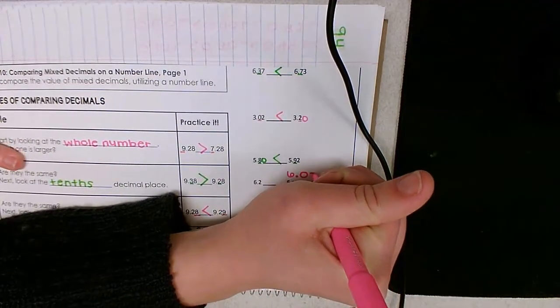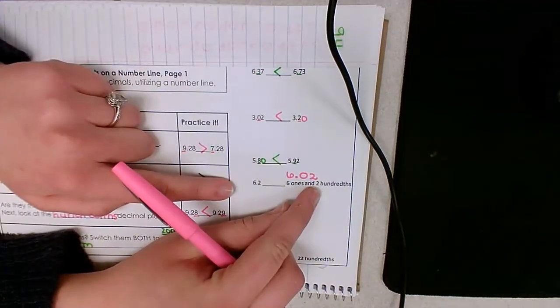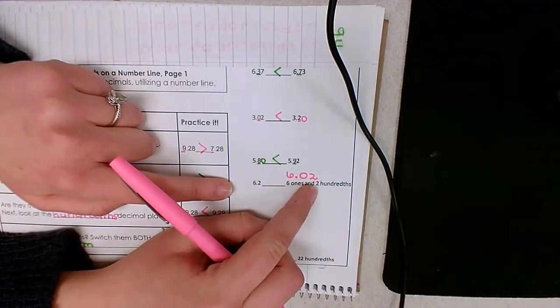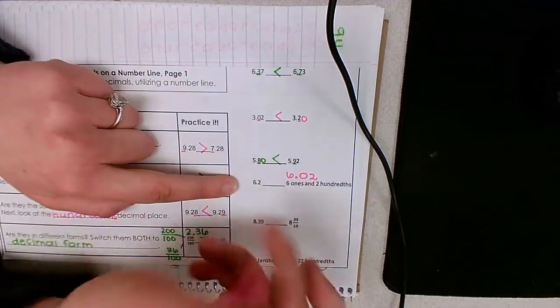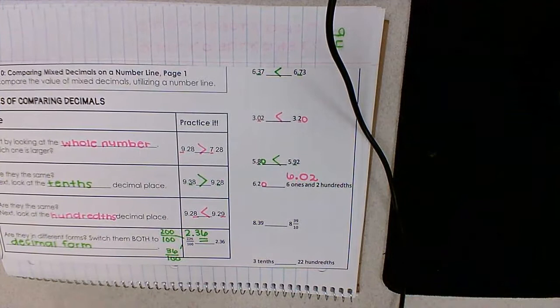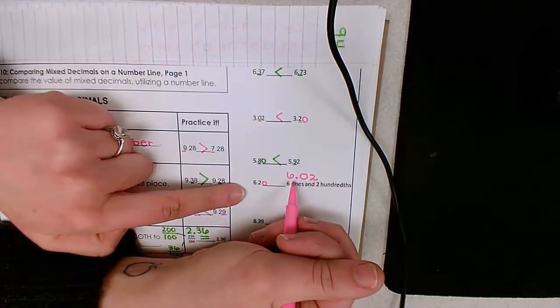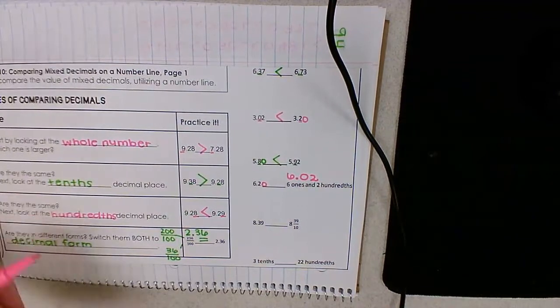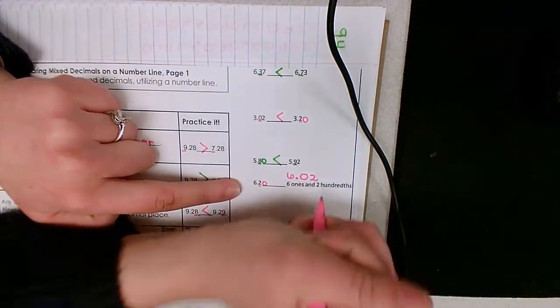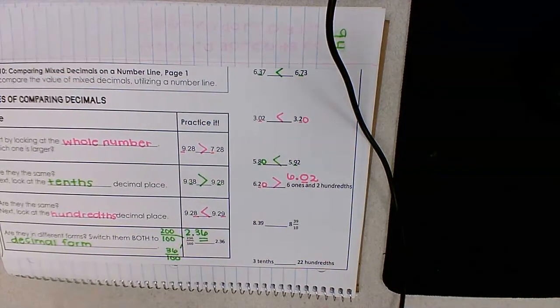And then my 2 hundredths. All right, so now they're both decimals, but this decimal's in the hundredths, this decimal's in the tenths, so just real quickly, I'm going to plug in a 0 there, and now we compare which is larger. The 6's are the same, so I have to go to the next place value, the 10ths place. 2 versus 0. 2 is larger.